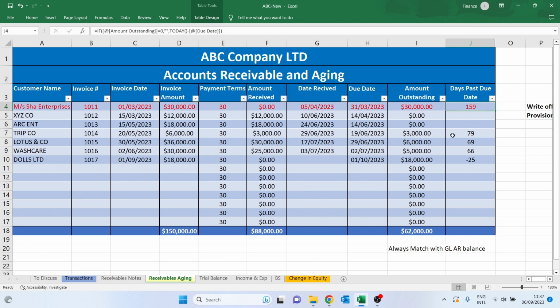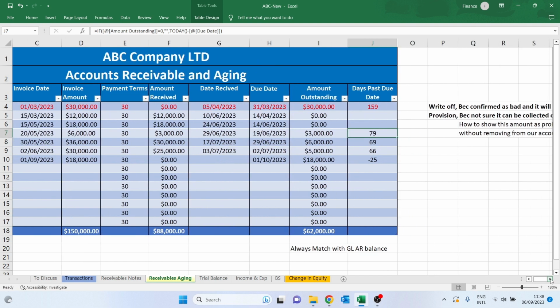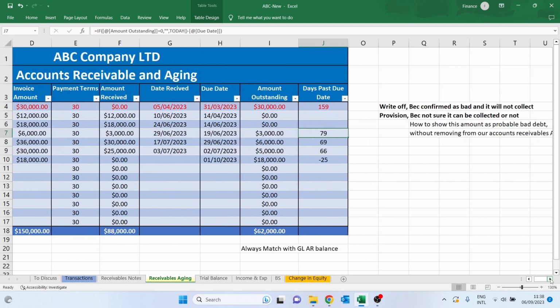And for the second one, let us see, this is 79 days old and there is $3,000 pending from Trip and Company. While after calling the customer, they are just making excuses. They are telling various reasons and they are delaying the payments. So this is actually not a confirmed bad debt.